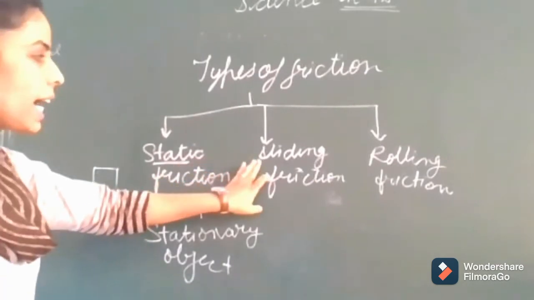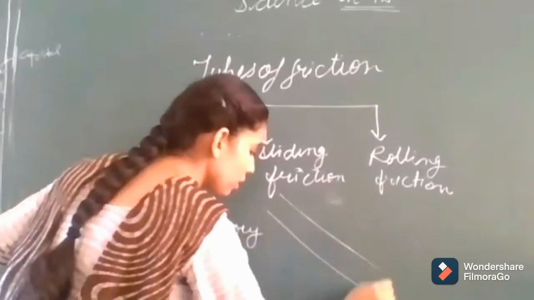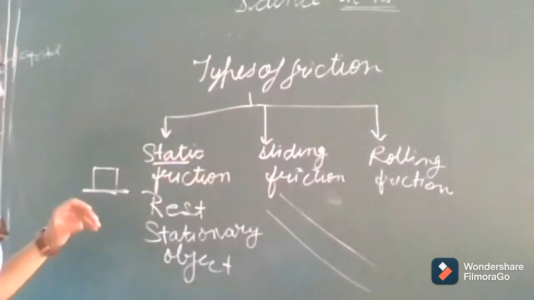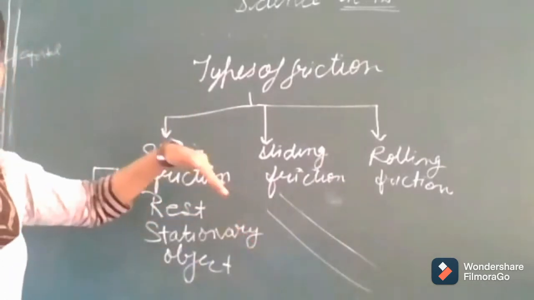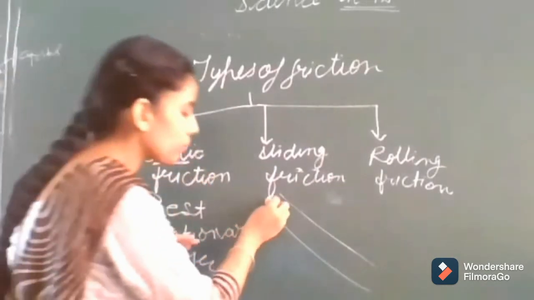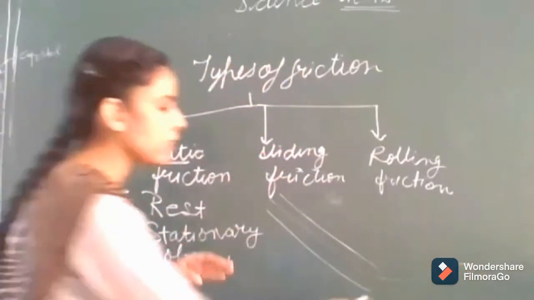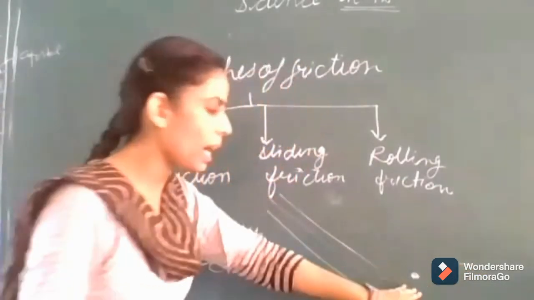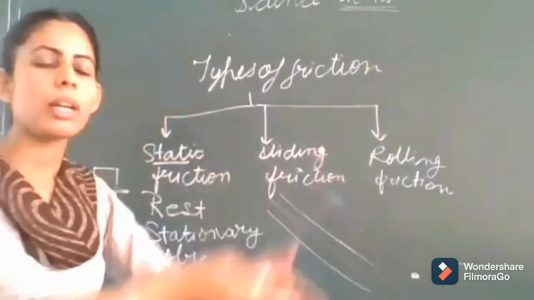Okay, now what is sliding friction? You have all seen slides. The child who is sliding will not go to a great distance. He stops a little bit near, he does not go very far. Why is it happening?